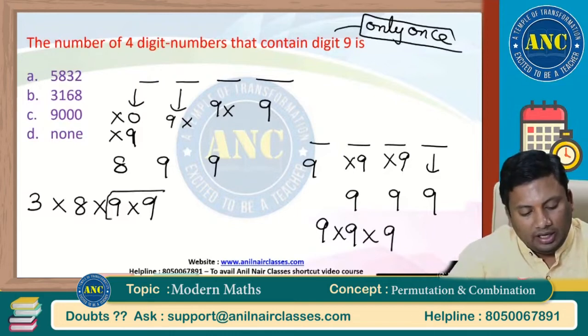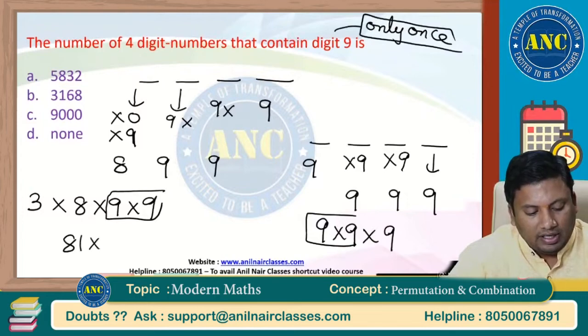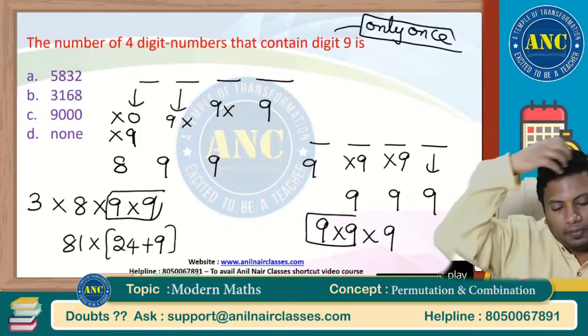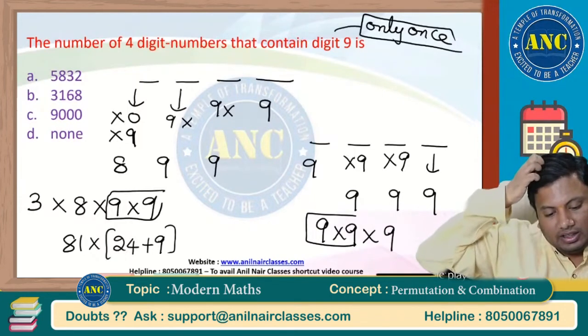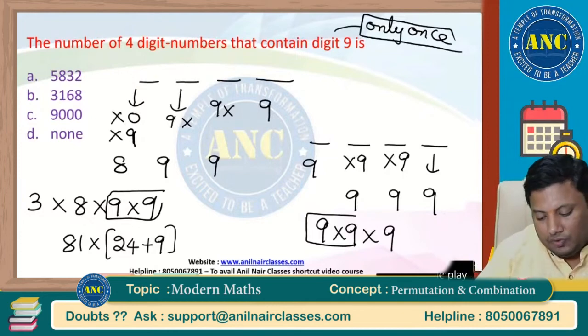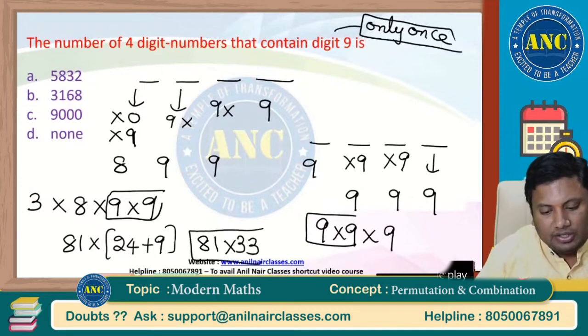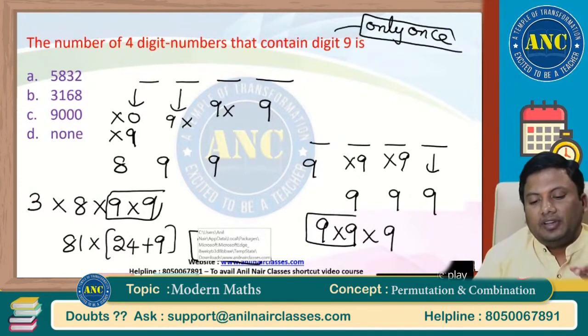If I take 9 into 9 common, 9 nines are 81. 81 into 24 plus 9. So the answer is nothing but 81 into 24, 81 into 9, 81 into 33. Whatever the answer that you get, that itself is the answer.